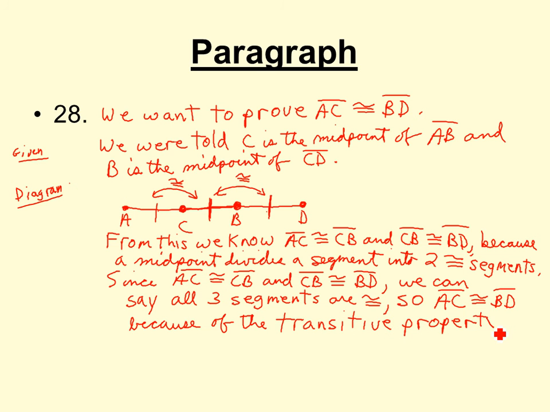Transitive property from algebra last year, hopefully maybe you remember, said this: if A equals B and B equals C, then you can tell that A must equal C. That's the transitive property from algebra, and that would be your paragraph proof.